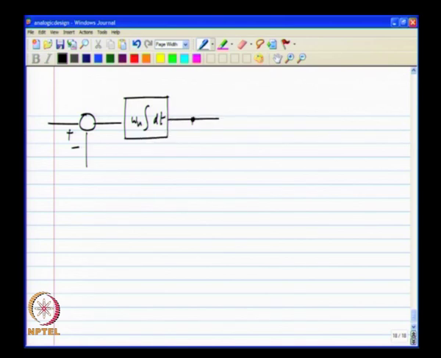It says how fast the integration is. And we saw that for a constant Vi, that is the only case we have considered so far, the output will reach K times Vi.